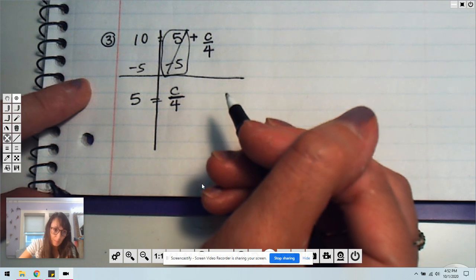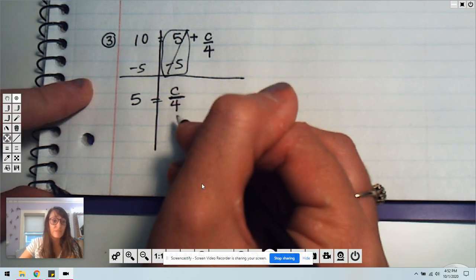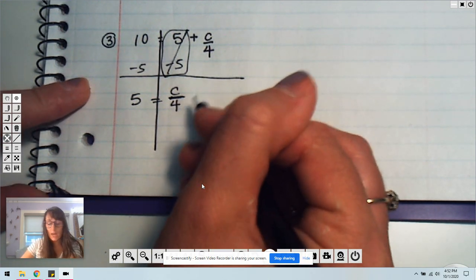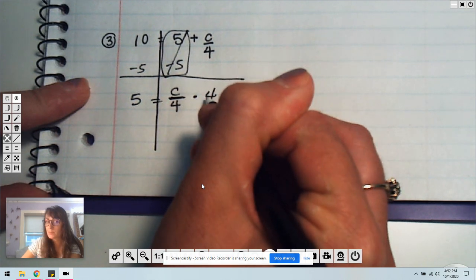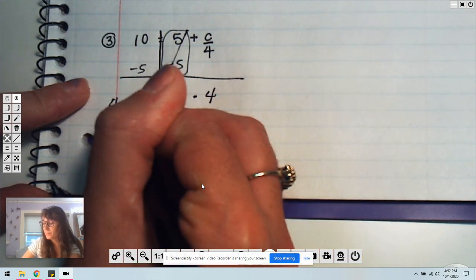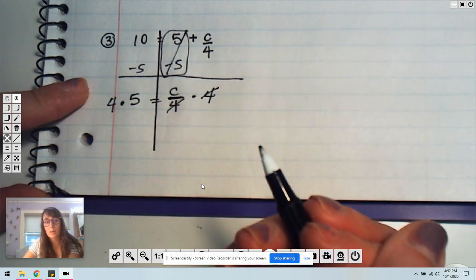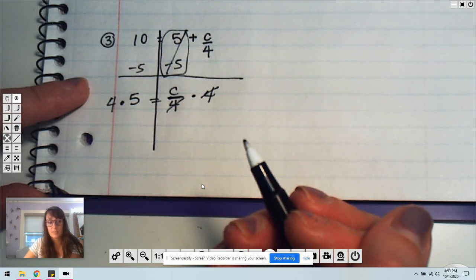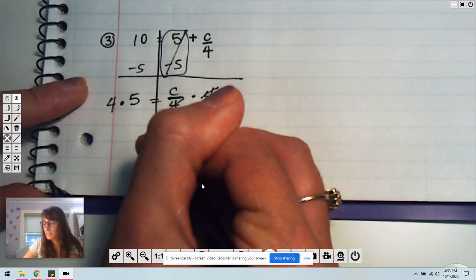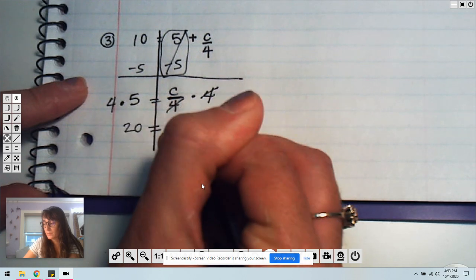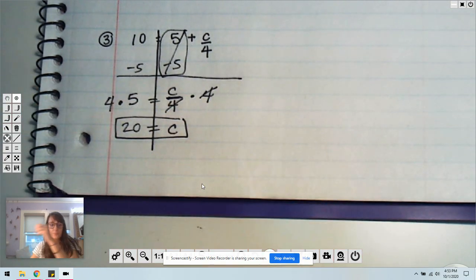Now to do the opposite, to invert that division by 4, I need to multiply both sides by 4. Multiplying by 4 and dividing by 4 are opposites. I am left with C is equal to 20. Now it is your turn to practice.